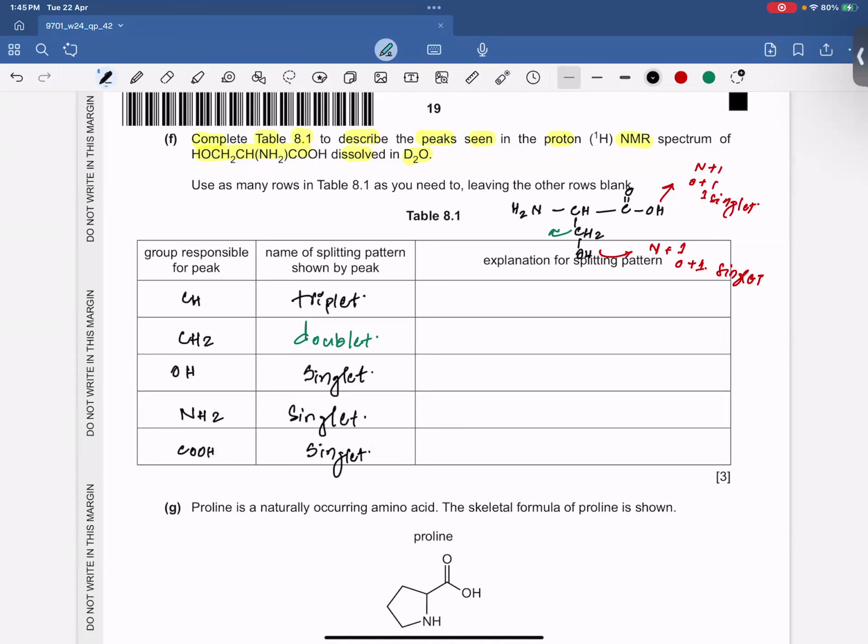Okay. So you do not have to arrange this in terms of chemical shift. You just need to write these groups. All right. If it is triplet, obviously neighbor carbon atom or adjacent carbon has 2 hydrogen. If it is doublet, adjacent carbon atom has 1 hydrogen.